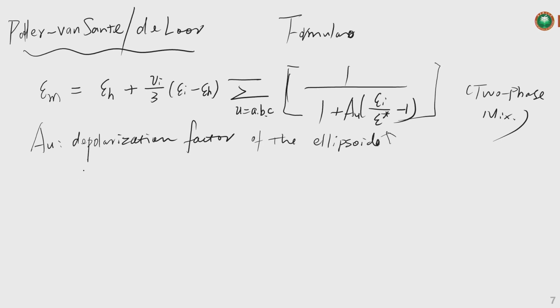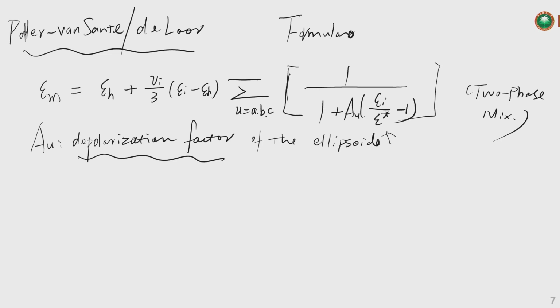So that means even though we assume all the inclusions to be ellipsoids, their dimensions can be a little bit different, all right? There can be a prolate ellipsoid and also an oblate ellipsoid. So there are still many kinds of shapes. So AU is used to represent that.